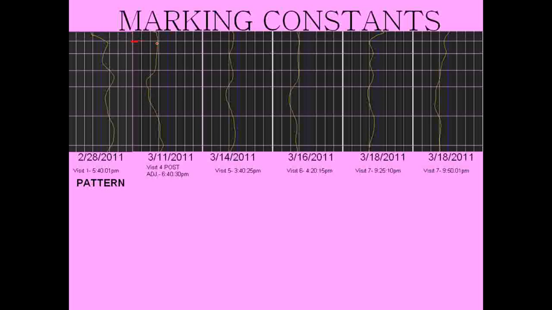Now on this next reading here, we're looking at this break, this constant, pattern constant. Is this reading moving in that same direction? And we can see it is not. It moves straight, and so this is not a constant, and we'll denote that by making 2 dots on either side of the line.